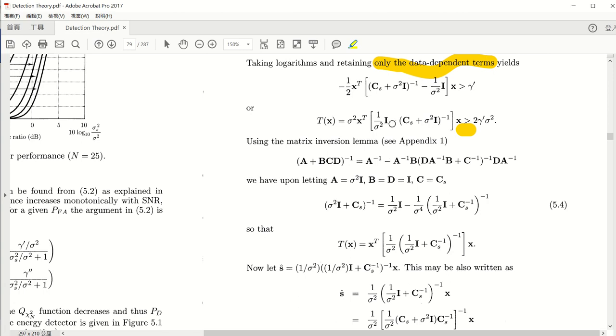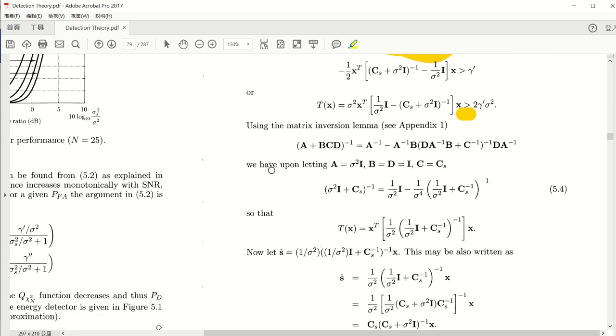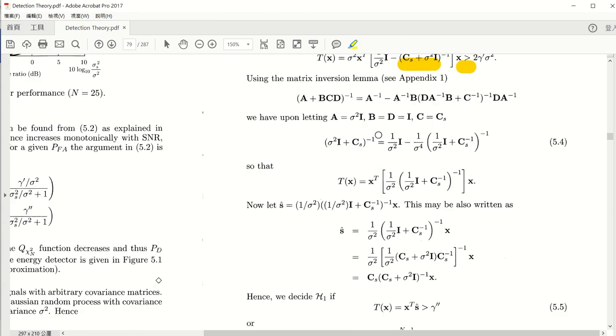You do some equivalent correspondence, and then we will get this term equal to this term, so that you take this term into here and do some simplifications.